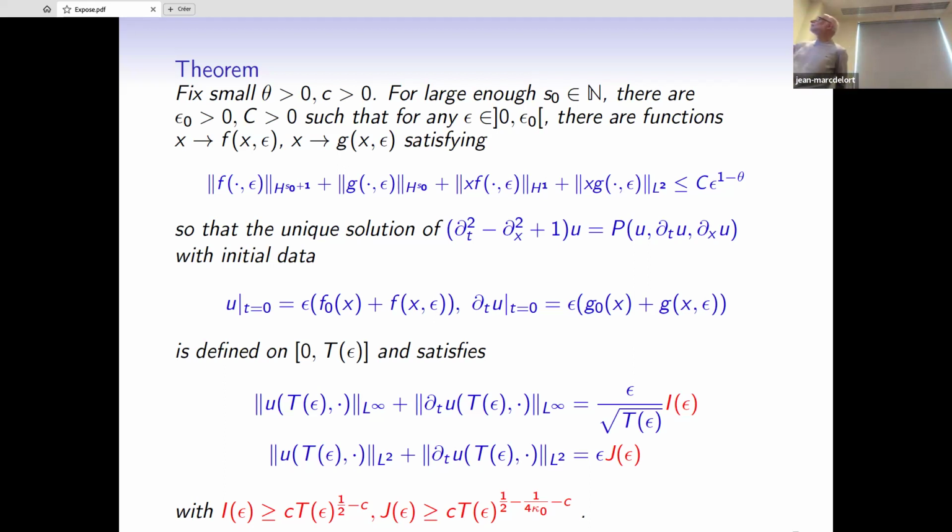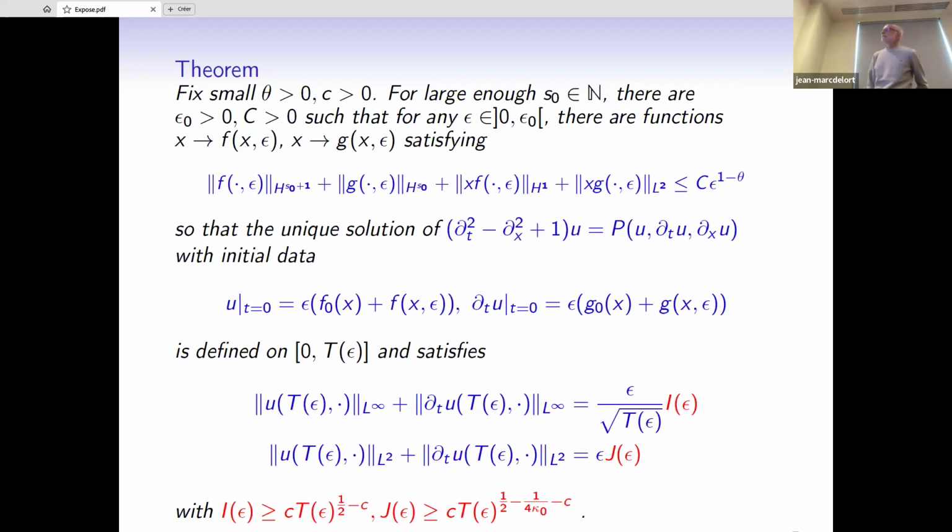We spoil the dispersive decay if we take the solution at the time T of epsilon close enough to the road. And there is also a similar statement concerning the L2 norms of the solution.